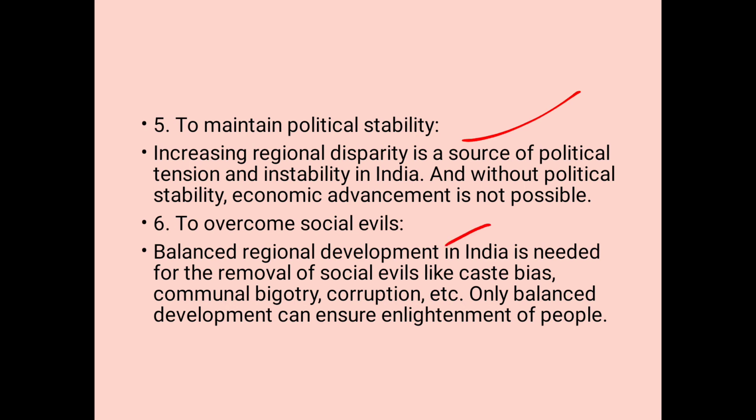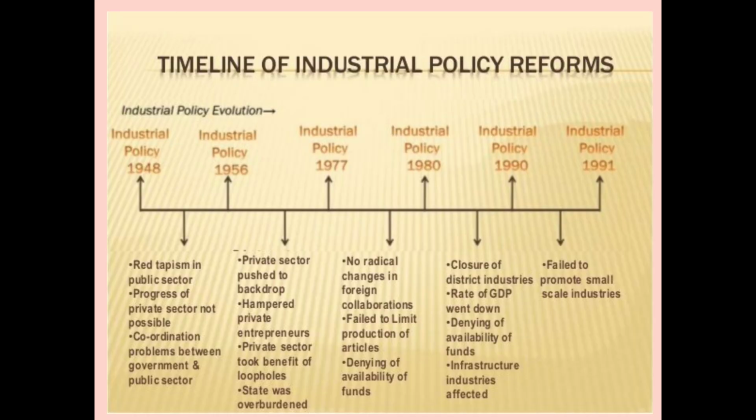To overcome social evils, balanced regional development is needed for the removal of social evils like caste bias, corruption, and communal disparities. Only balanced and allied development can ensure the enlightenment of people.